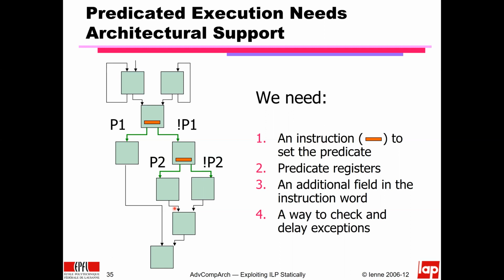But if one of them packs very densely because there are not many dependencies in the then, when I have the else, I don't find any space, so I need to lengthen my schedule. So there are a lot of considerations that come into figuring out whether it is good or not.